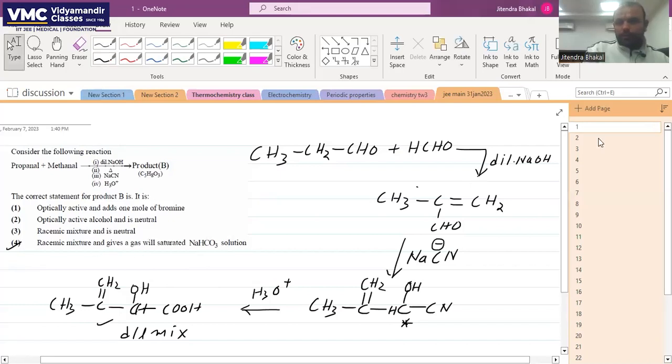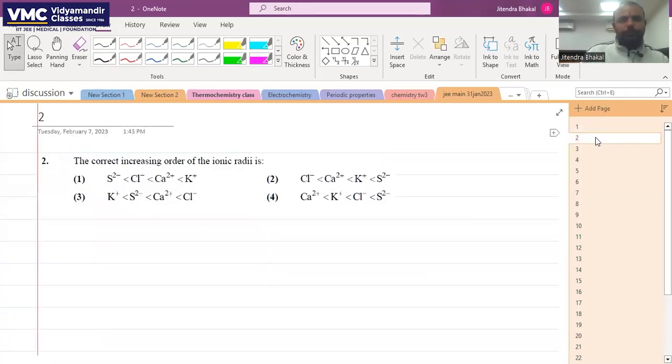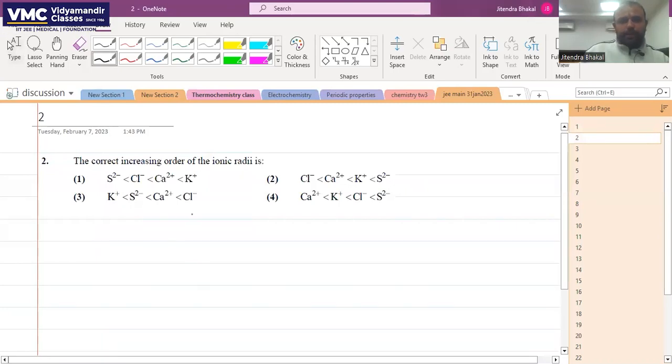The next question is, we need to find the correct order of ionic radii. So these are isoelectronic species which we need to compare. It is easy for us to compare isoelectronic species. In all these species, there are 18 electrons. So calcium has the maximum number of protons.